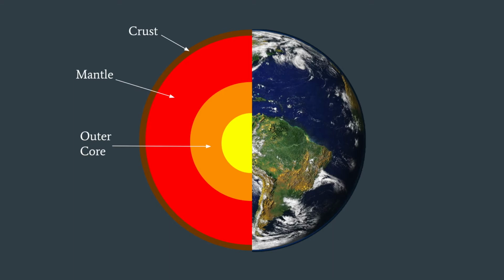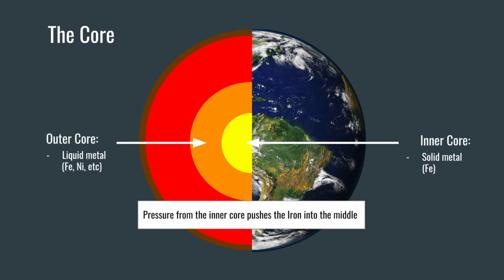And then the inner half of the core is the outer core, which is bigger than the inner core, which is in the very center of the Earth. So the inner half of the core is what we will be mostly looking at, and that plays a big factor when it comes to generating magnetic fields.